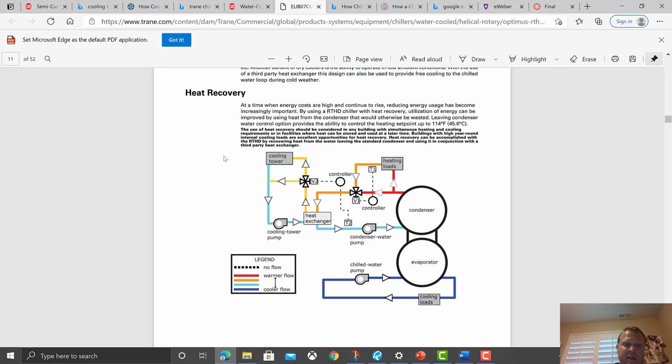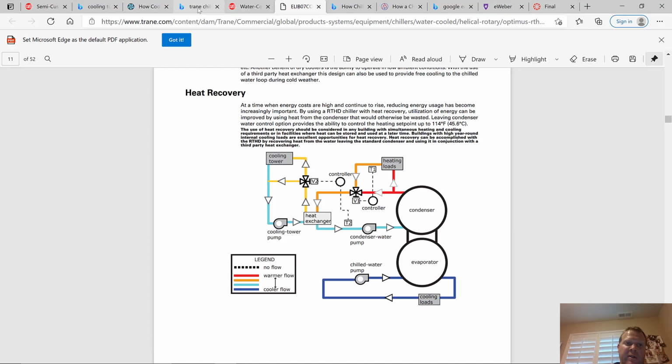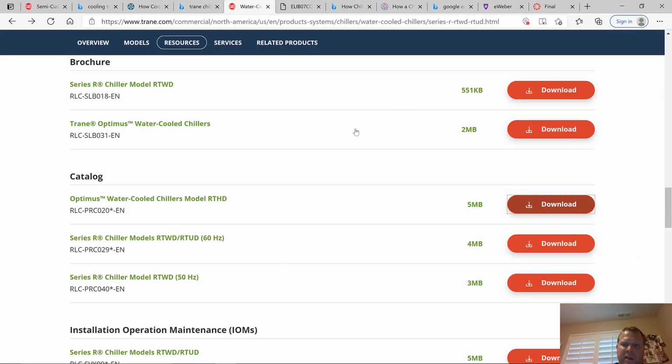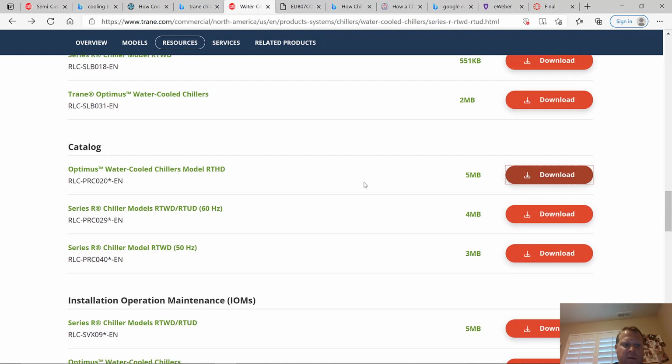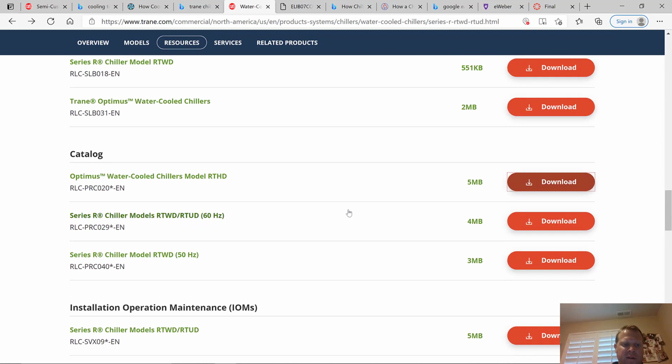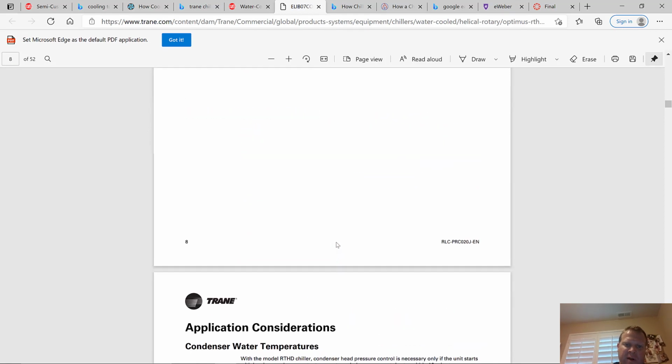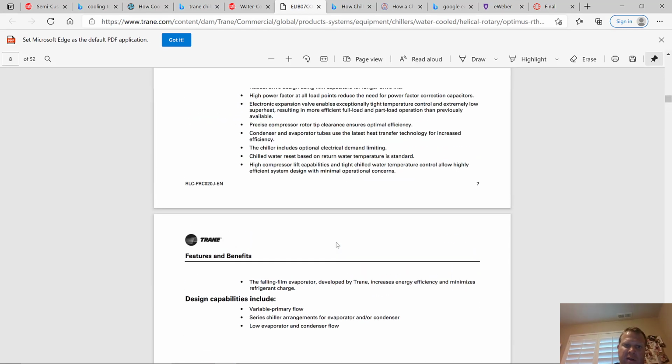So I went to Trane's website. I knew I wanted to do a chiller, so I did Trane chillers. Went to their website, downloaded the catalog of this chiller right here, which gave me this right here. That's basically the product data I'm looking for. That's fine.